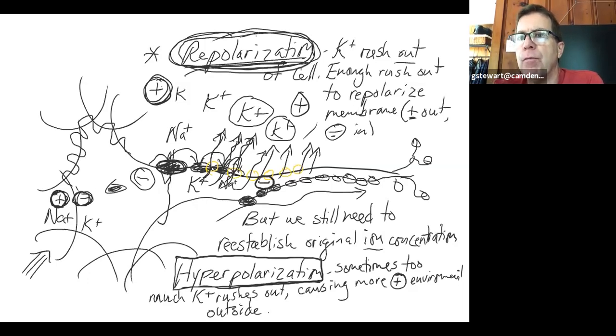Okay, so now we've established positive out again, and we have negative in, but now we have these ions, potassium out and sodium ions in here.